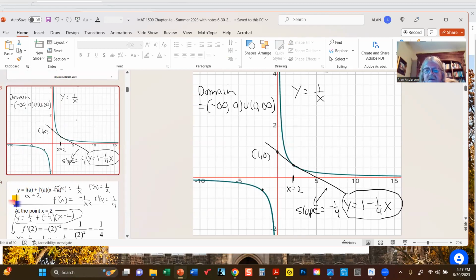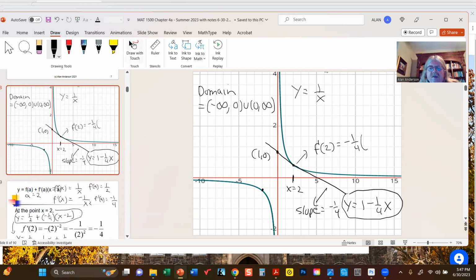Hold on, it should be f prime of 2. That is the slope of this function at that point, but it's also the first derivative.